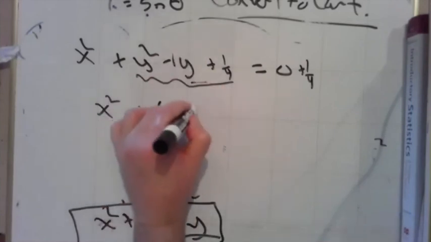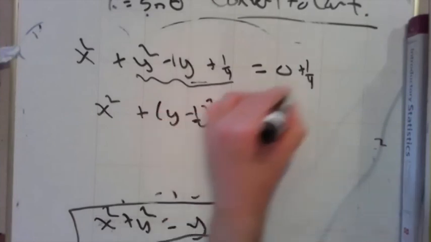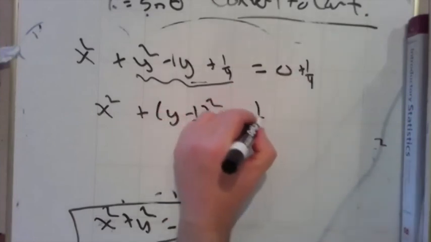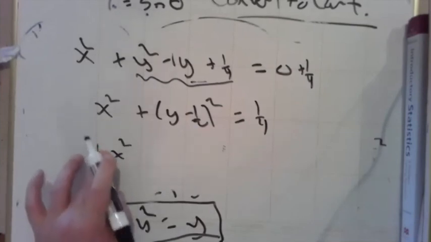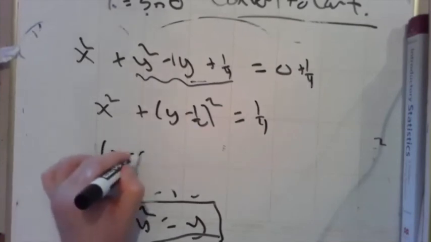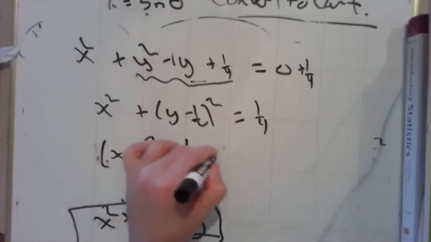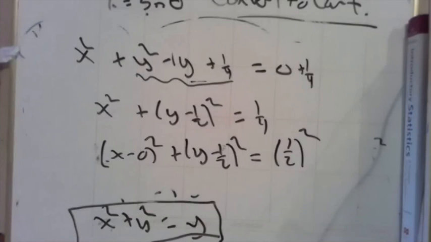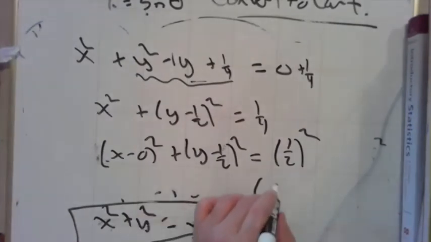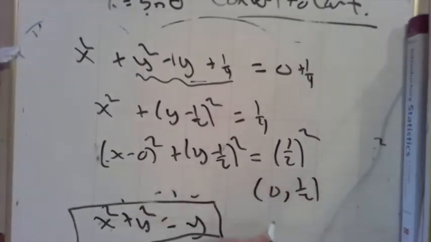That is y minus a half squared. Over here, 0 plus a fourth is a fourth. So this could be rewritten as x minus 0 squared plus y minus 1/2 squared equals 1/2 squared. That is a circle with center 0, 1/2 and radius 1/2.